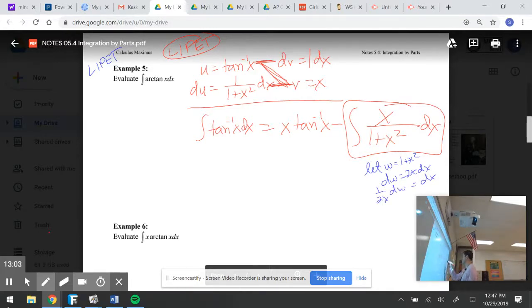And so if I'm just taking this piece right here, and I'm going to do a little side work with it, just for that boxed piece right there, that would be the integral of x over w times 1 over 2x dw. Oh, sweet. Gone, gone. So I have one half the integral of 1 over w dw, and that would be one half the natural log of the absolute value of w, which would be 1 plus x squared, plus c.